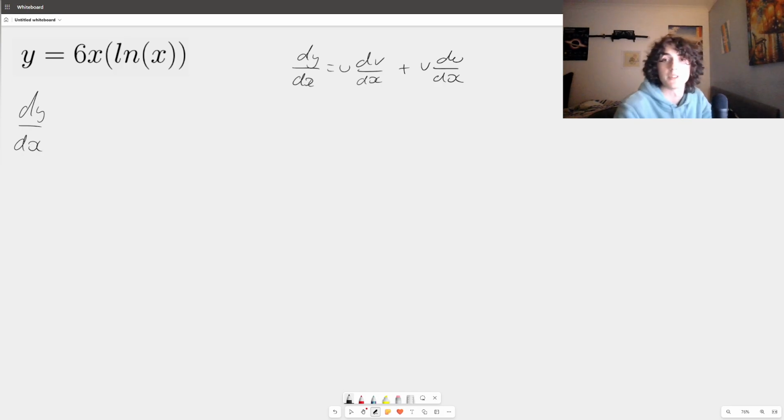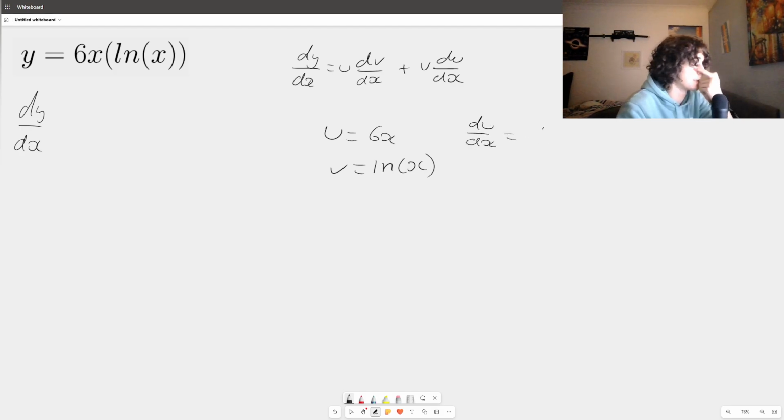So what is our u, what is our v, what is our du dx, what is our dv dx? Let's find out. So u, we're going to say is 6x, and v is going to be ln x. Now the differential of 6x, so du dx, is going to be just 6, as we just remove the x term. And the differential of our ln, so dv dx, is 1 over x.